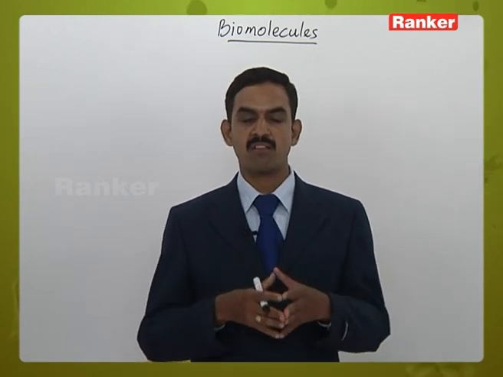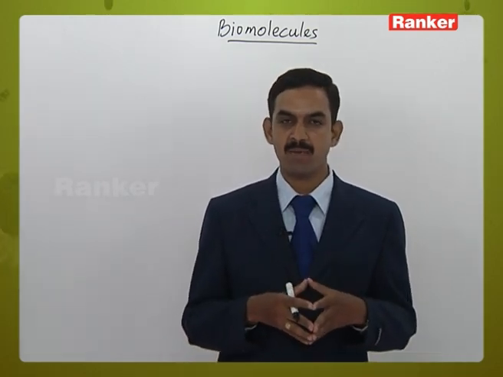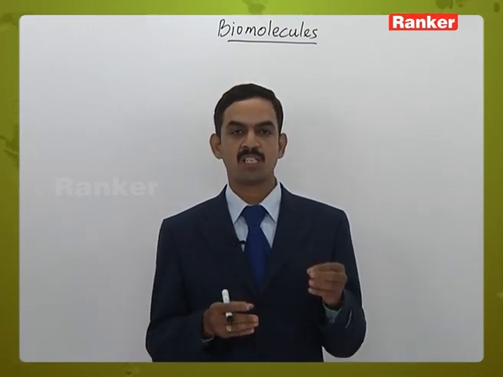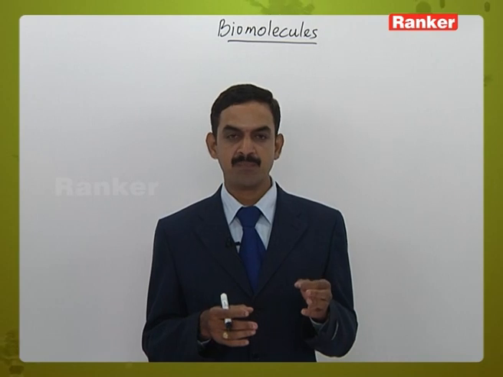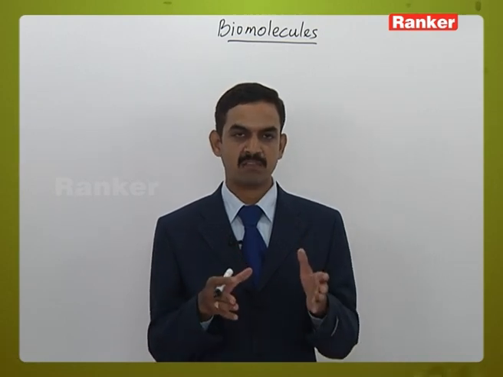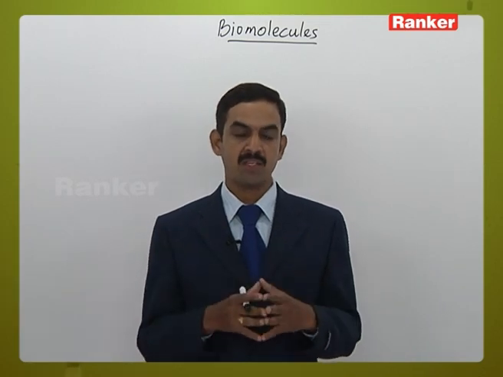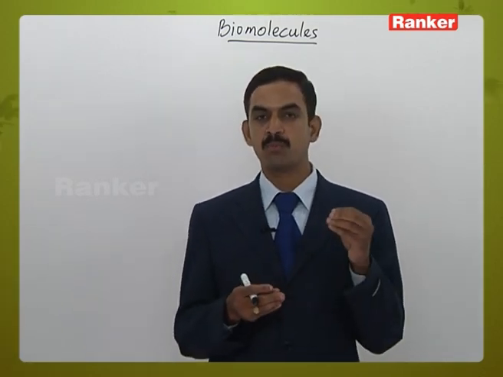How can we know the presence of various elements or compounds in a part of any organism? First we have to dry the part of the plant, so that all the water present in the plant body is removed. After drying, we have to burn it.